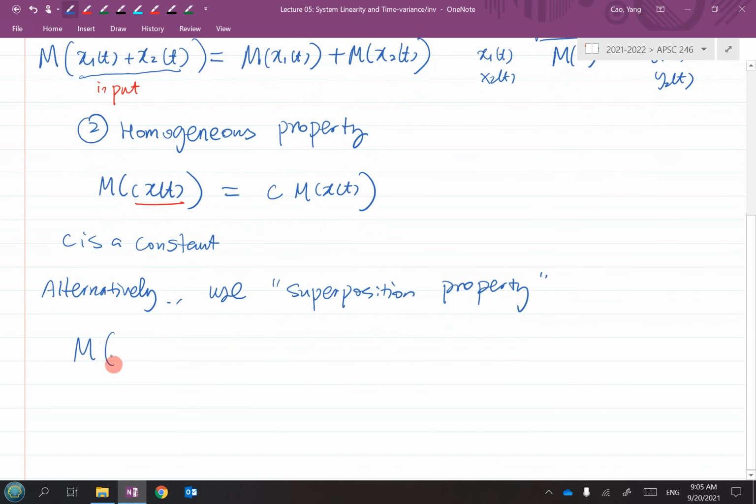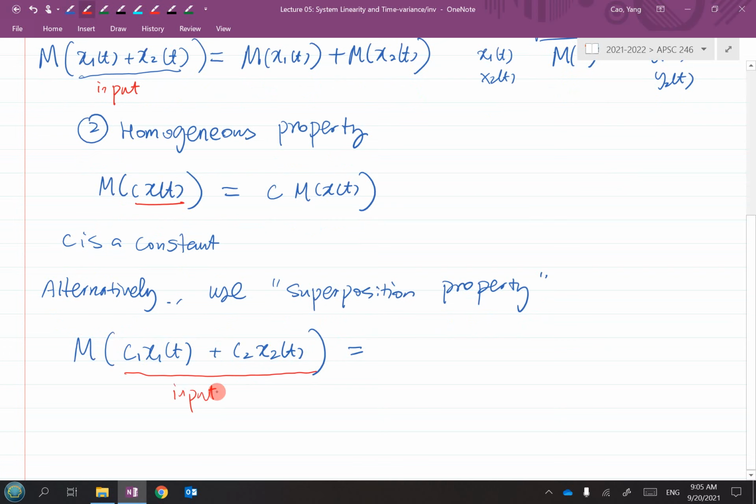The writing is like this. Your input is c1 times x1 plus c2 times x2, and this whole chunk right here is your input.